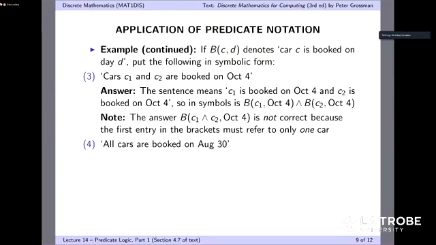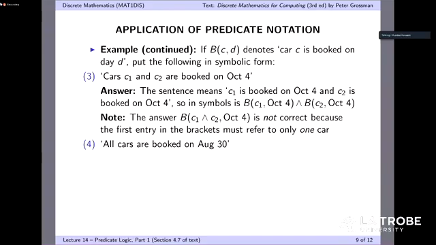Okay, let's move on. Now, all cars are booked on August 30. How are we going to put that in? So obviously, all cars means for all C, then B, C, comma, August 30. Make sense?